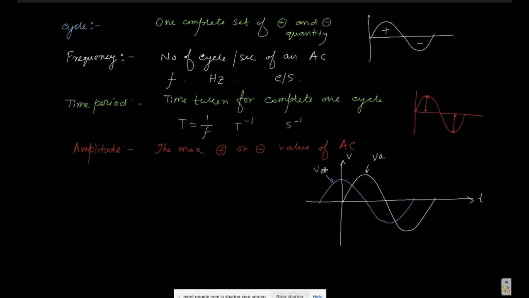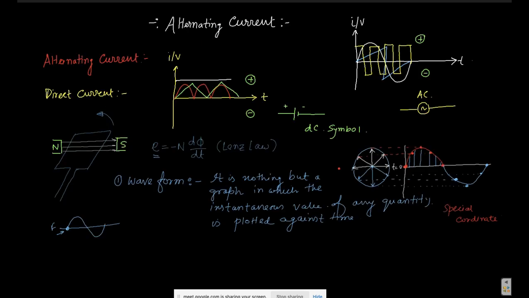The phase of an alternating quantity is the time that has elapsed since the quantity has last passed through the zero reference position. It means that in the previous slide, when t is equal to 0, the phase of the alternating quantity is this.